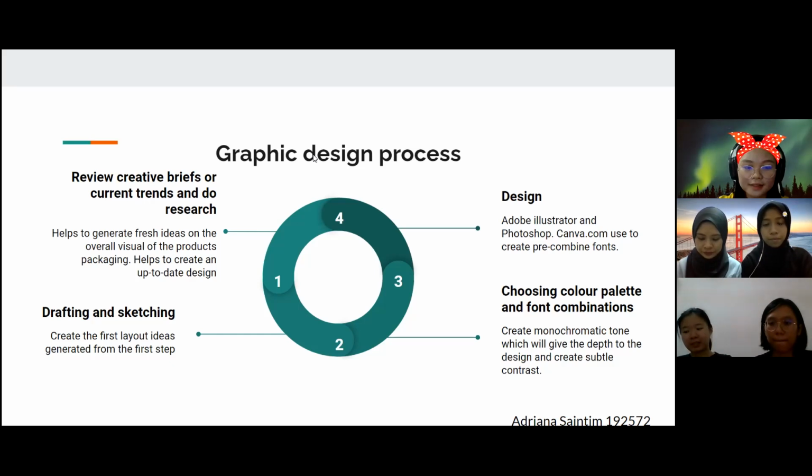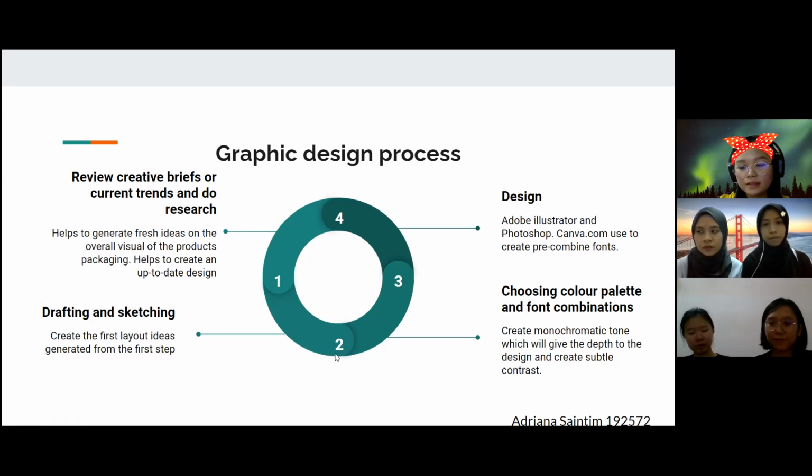The second step in graphic design is the drafting and sketching process. In this step, it helps the designers create the first layout ideas generated from the first step, which is reviewing creative briefs.